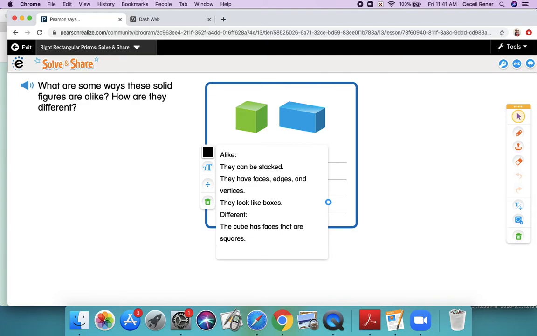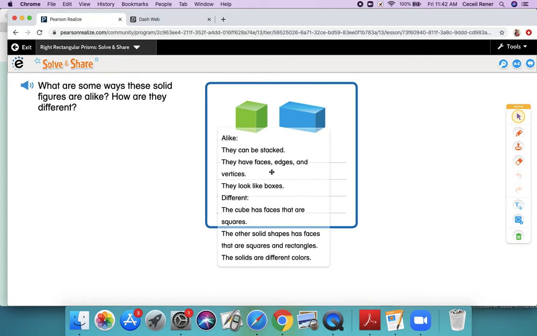And then the other solid shape has faces that are squares and rectangles. Anything else? One is what? Green, and one is blue. So we'll say the solids are different colors. So those are the things that we notice that are different about them both.